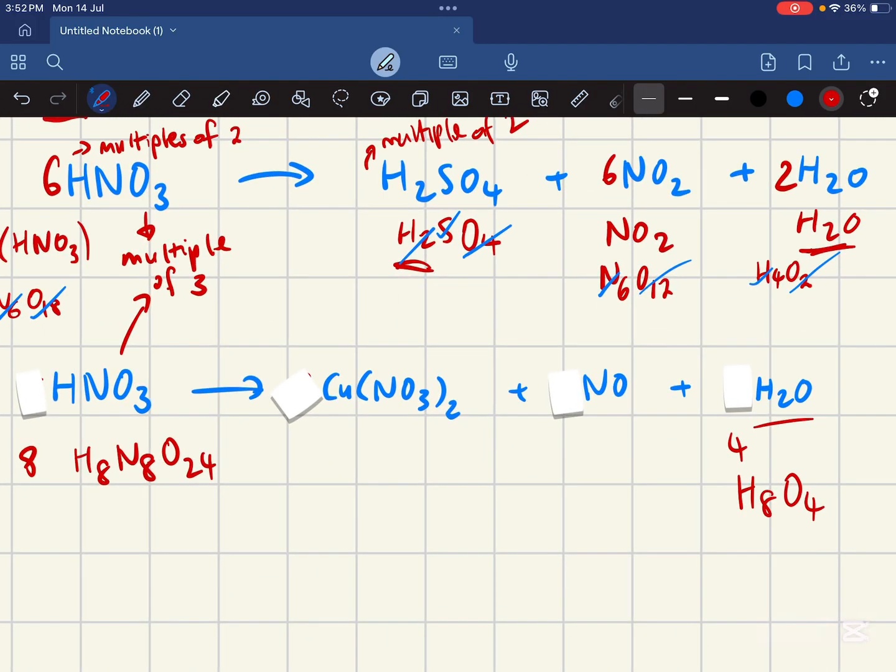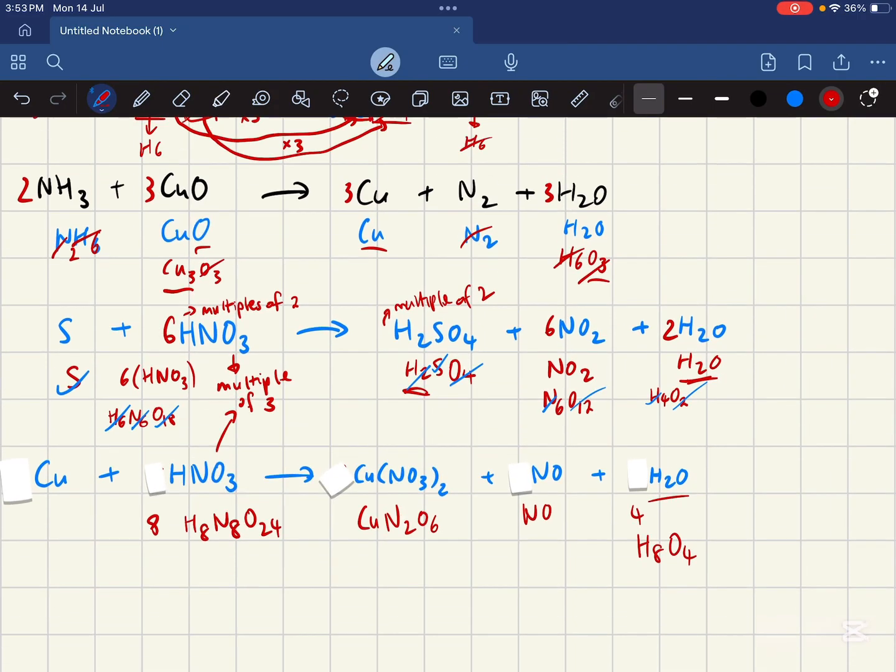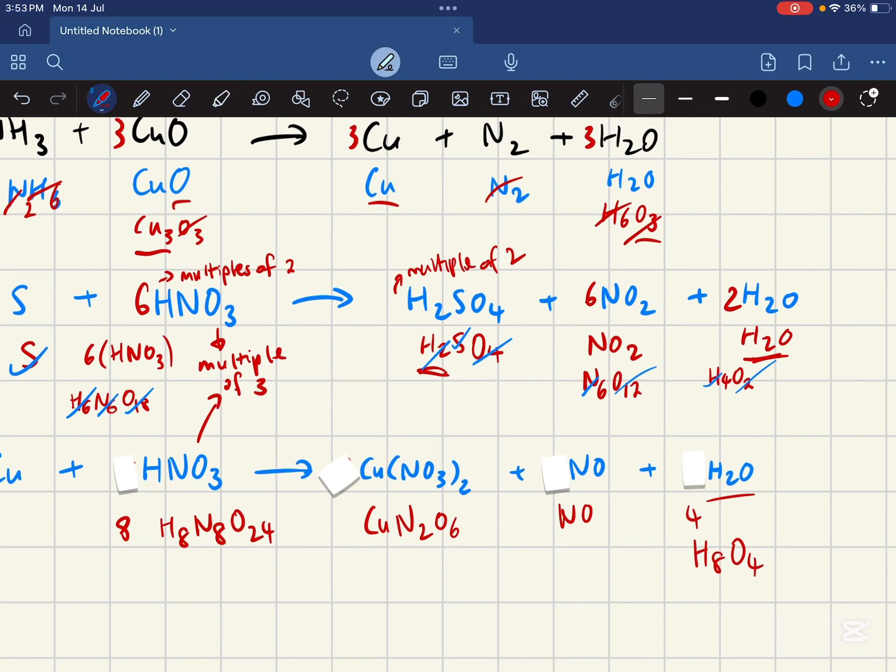Here normally you'll see N2, O6, and O. So O4, we need 20. We need 20, yeah. So I guess I can N8. We can double this. That will give us Cu2, N4, and O12.